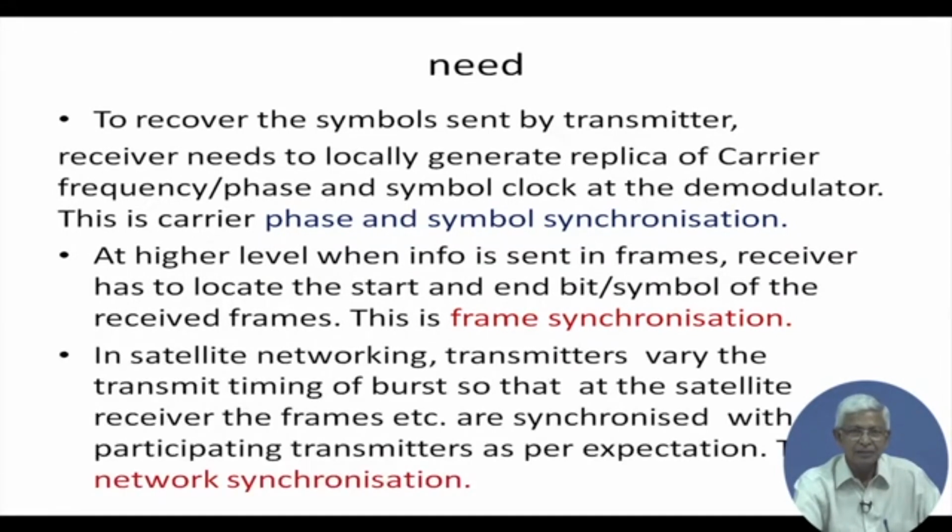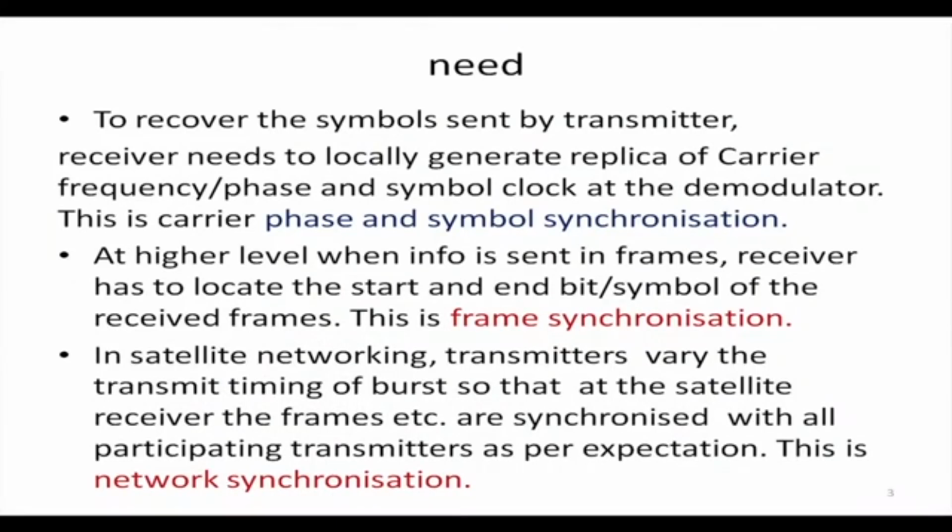There is one more thing. The satellite is a resource covering a wide area, and when that area is covered, many users are trying to access the satellite resource. So many transmitters are there. We have seen this example in ATM and other cases.